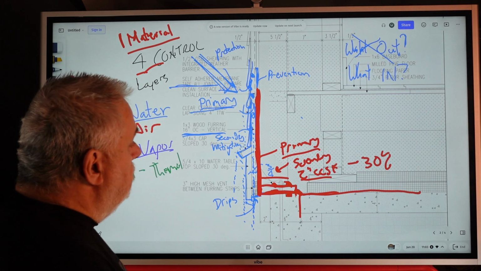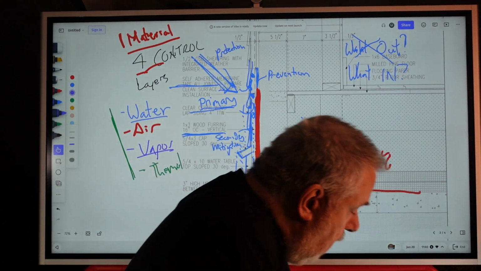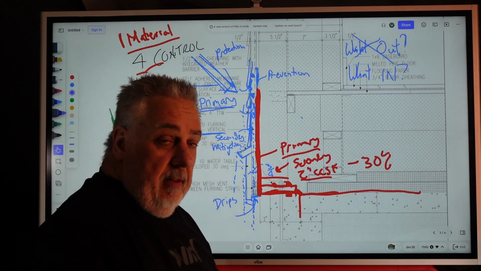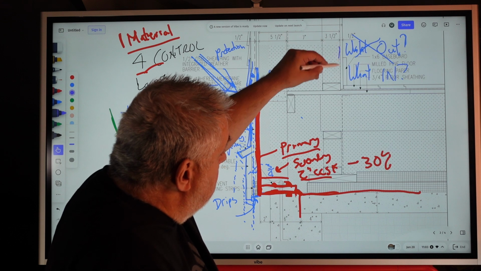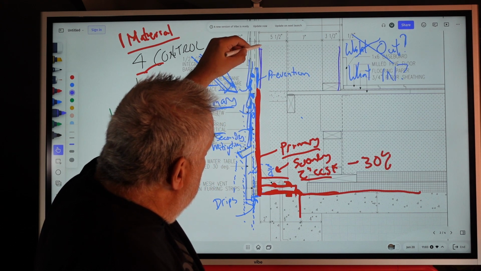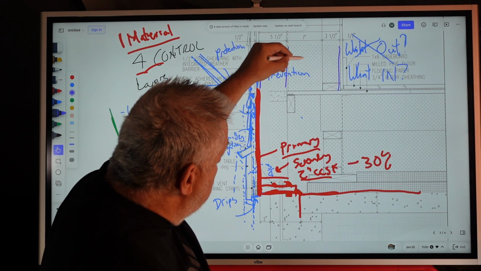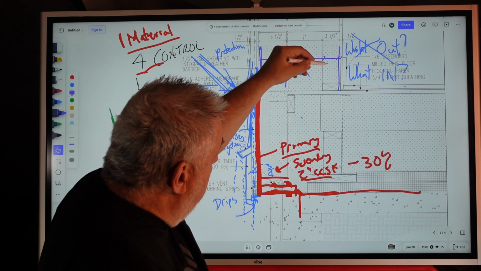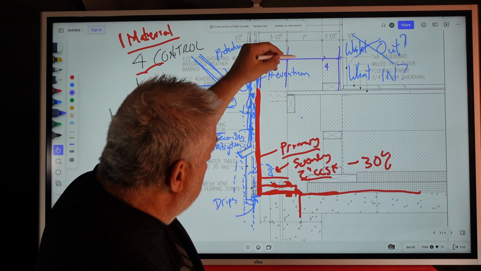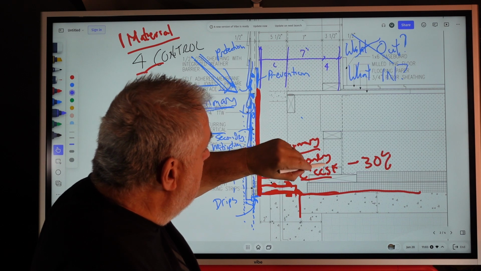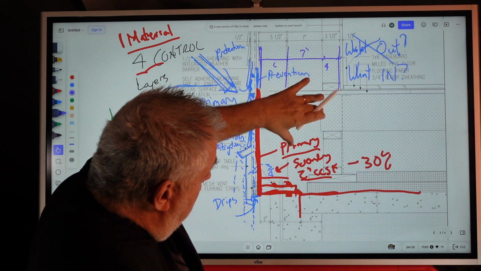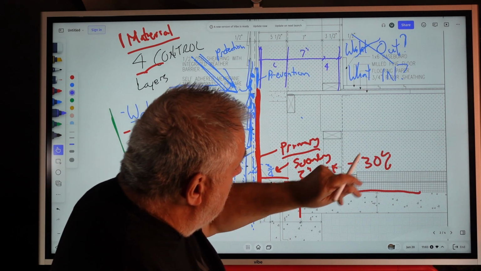about vapor. So, if you followed along on the last detail, you know that this is basically a double wall assembly. We have 2x6, 2x4 here, 2x6, and then a 7-inch space that basically comes down and rotates and goes across.